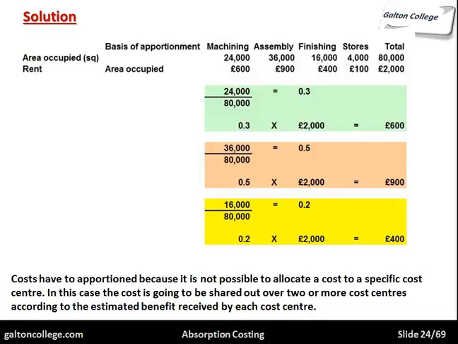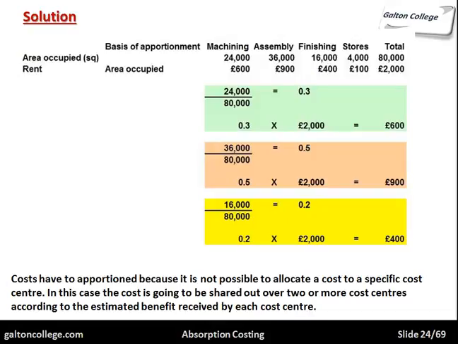Now, costs have been apportioned because it's not possible to allocate a cost to a specific cost centre. In this case, the cost is going to be shared out over 2 or more cost centres according to the estimated benefits received by each cost centre. So, for example, assembly pay the most at £900 of the rent because they've got a bigger area.